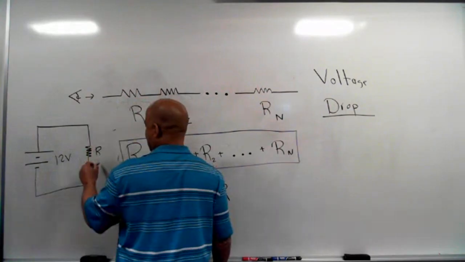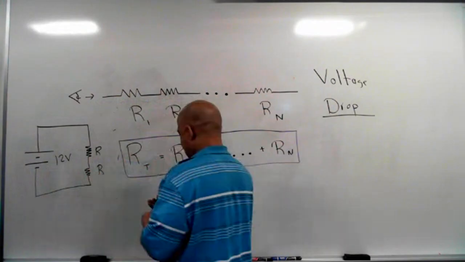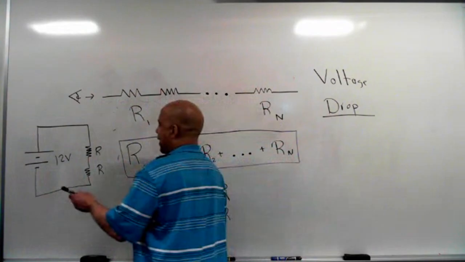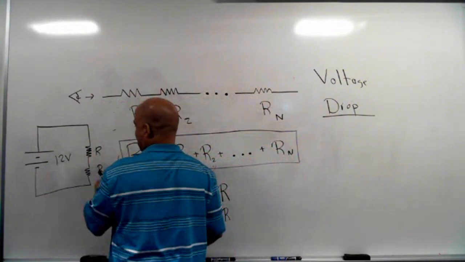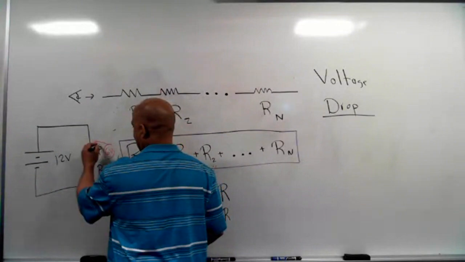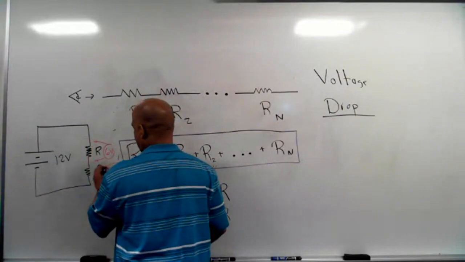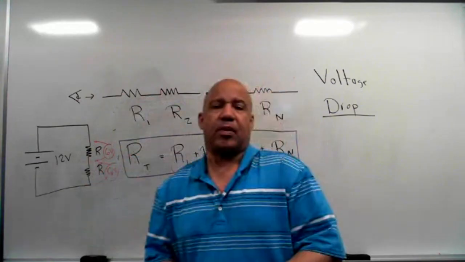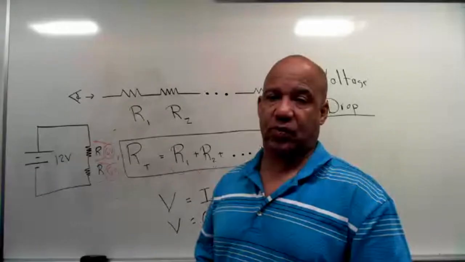Each one will drop voltage, and if they're the same value, each gets half the voltage. So I have 6 volts across this one and 6 volts across that one. Each one drops 6 volts.